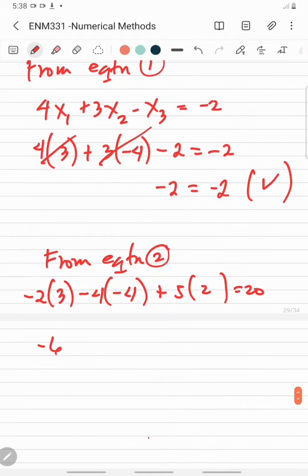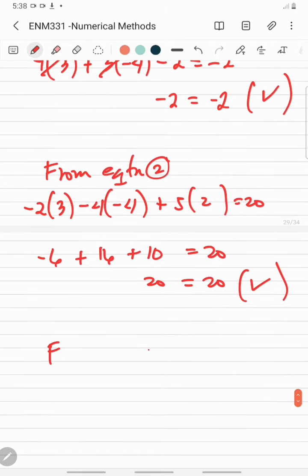So we have here negative 6 plus 16 plus 10 equal to 20. So negative 6 plus 16 is equal to 10. 10 plus 10 is equal to 20. So again, this is correct. The left side value is equal to the right side value.